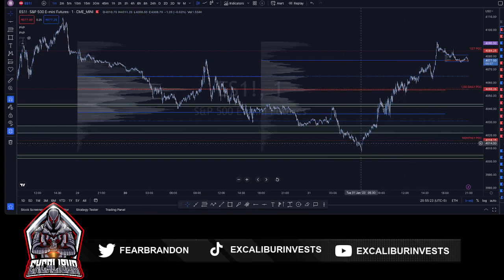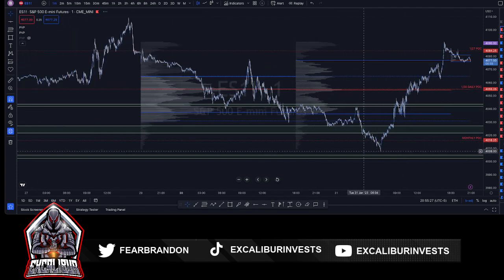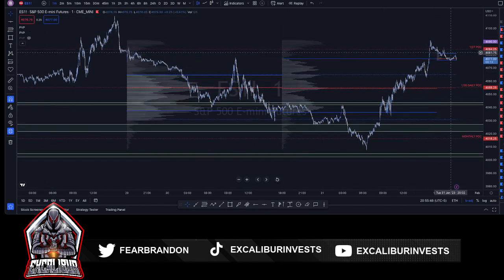Those are just going to give you little magnets to where we go. We revert back to the POC, and then are we going to go up on the monthly, or are we going to go down? Obviously, we went up. We hit yesterday's POC. What did we do? We kind of broke above it, consolidated, and then continued up. So they like buying, and they're going to continue to buy higher. Tomorrow might change things and whatnot.